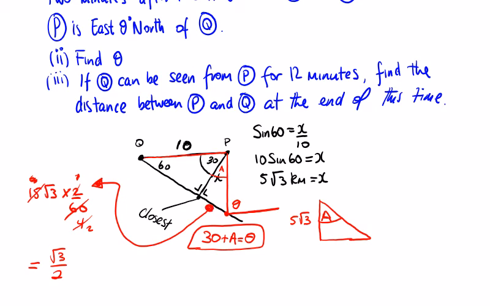And here, root 3 over 2. So that'll help me get A. What have I got here? I've got O and A. So the tan of A is equal to O divided by A, which is root 3 over 2 divided by 5 root 3.